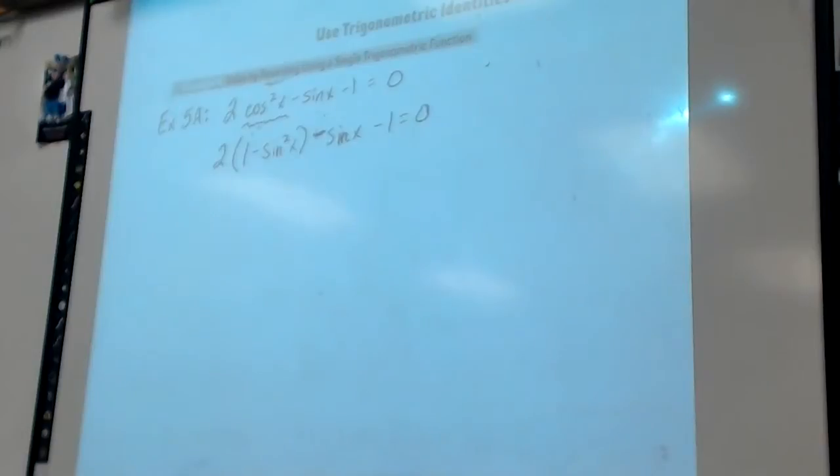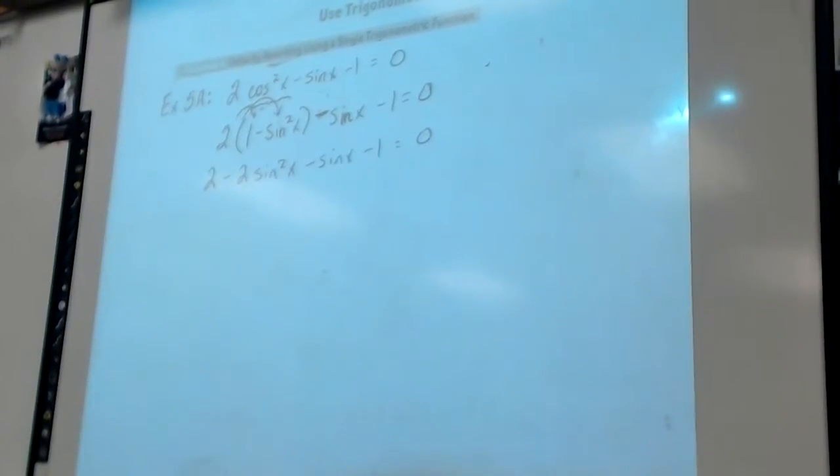Starts with the D. Distribute. So distribute your 2. So you have 2 minus 2 sine squared x minus sine x minus 1 equals 0.